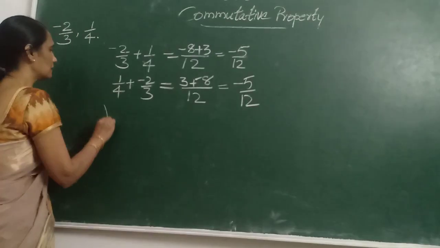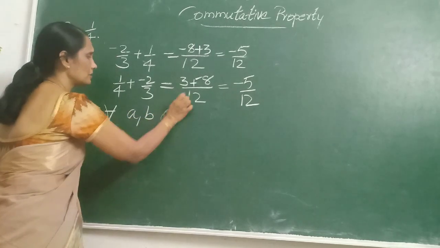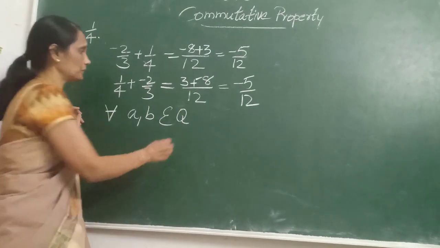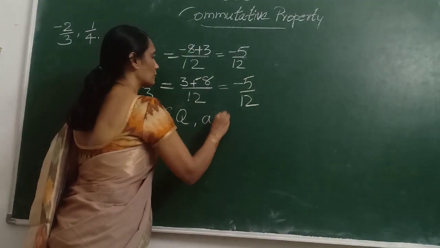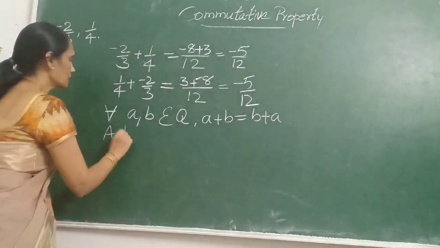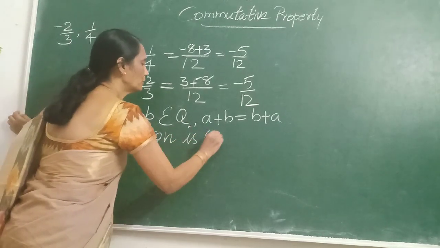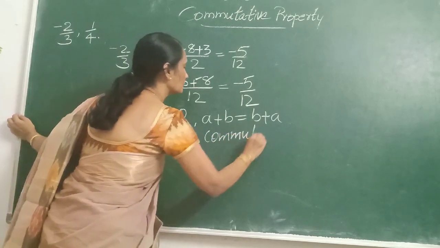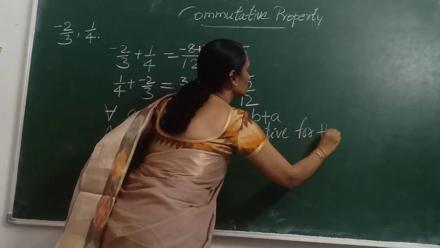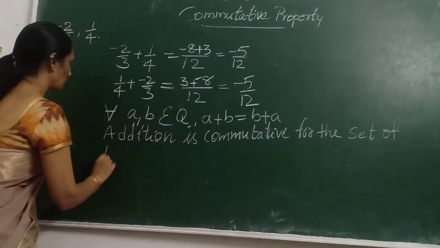Let us write it like this: for all A, B an element of rational numbers, which are represented by the letter Q, we can say that A plus B is equal to B plus A. That means addition is commutative for the set of rational numbers.